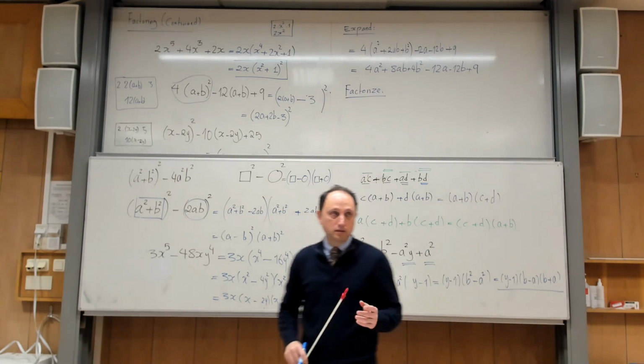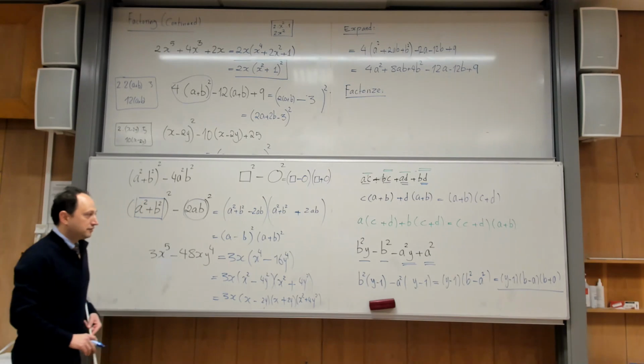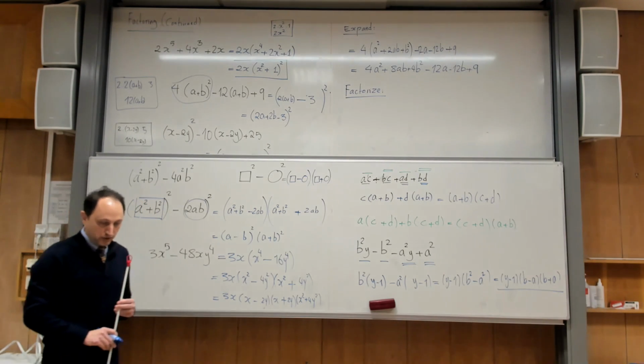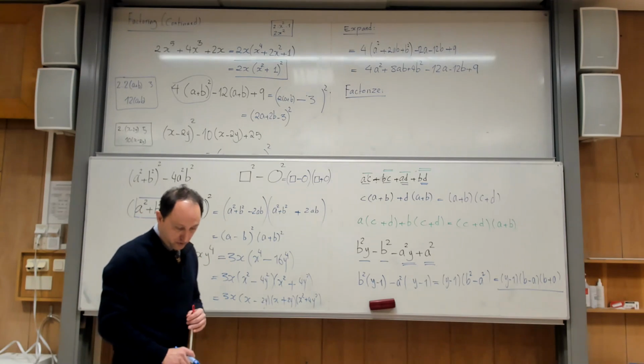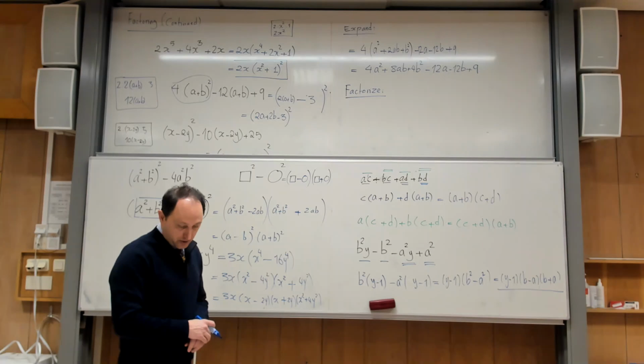Okay, is that understandable? So I told you that when factorizing polynomials, you have to be very creative sometimes, but this is good to know. Let me see if I can give you another example.